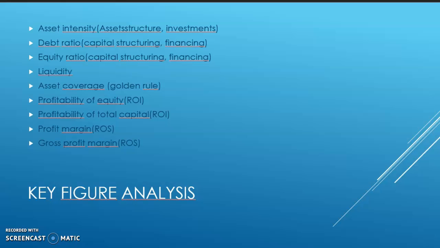profitability of equity. It's basically one of the most common terms you've heard, return on investment, ROI. It basically shows that your equity return must be higher than your total capital return, because the risk for the person who owns the company, the owner, is bigger.